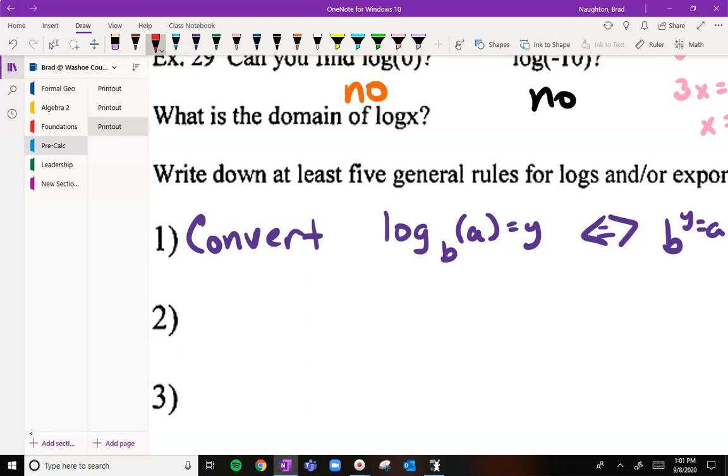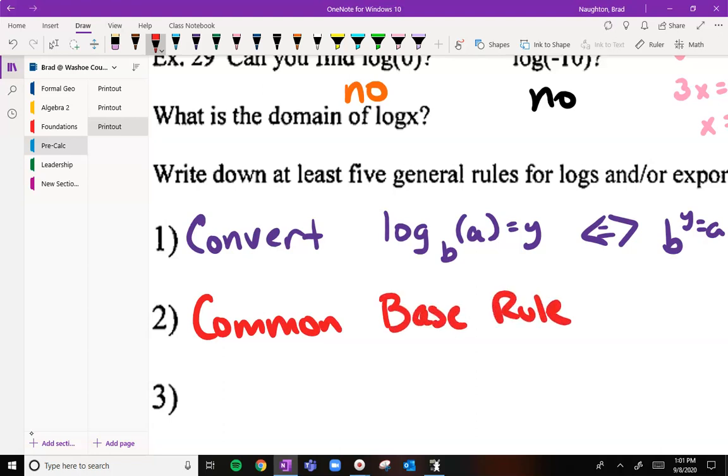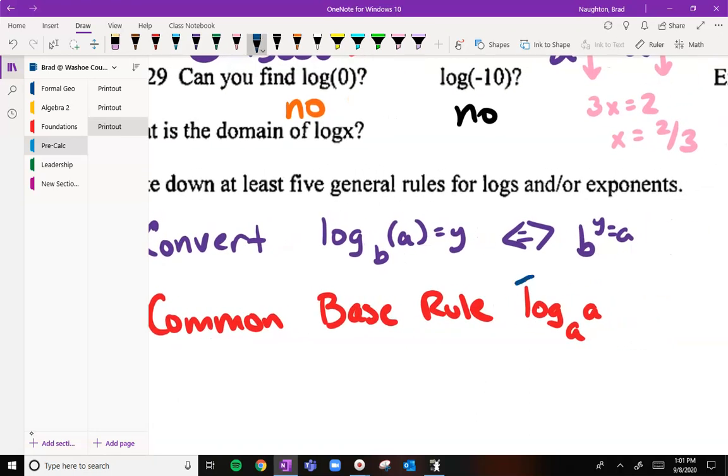The second thing that you want to know is that common base rule. Where you would go ahead and say, alrighty, if it's log base a of a, that's going to cancel out.